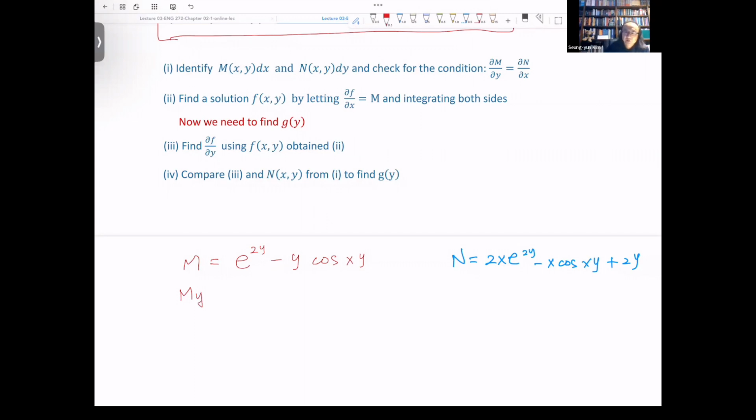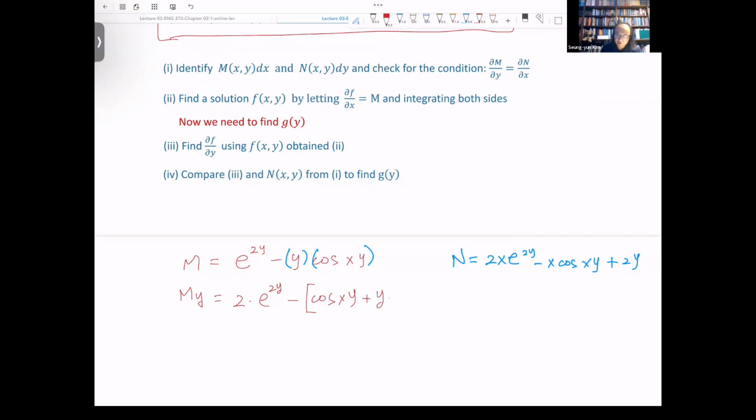For the m, for the y. So e to the 2y is 2 times e to the 2y, because we need to take the derivative of 2y, minus, the first derivative, second one, plus first, second derivative.